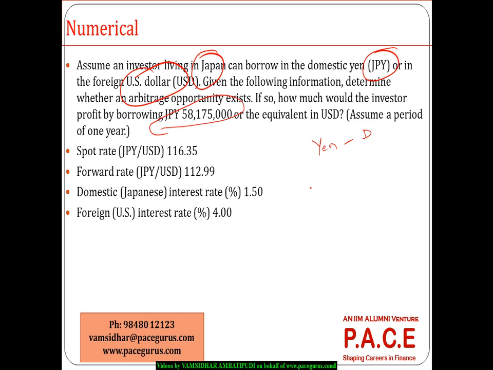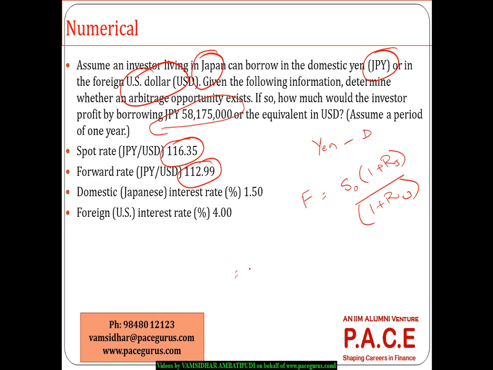So this is the spot exchange rate, and this is the forward. According to our no arbitrage relationship, the forward rate should be equal to the spot rate into 1 plus the interest rate in the domestic currency, which is the Japanese currency, divided by 1 plus the interest rate in the foreign currency, which is the US currency.